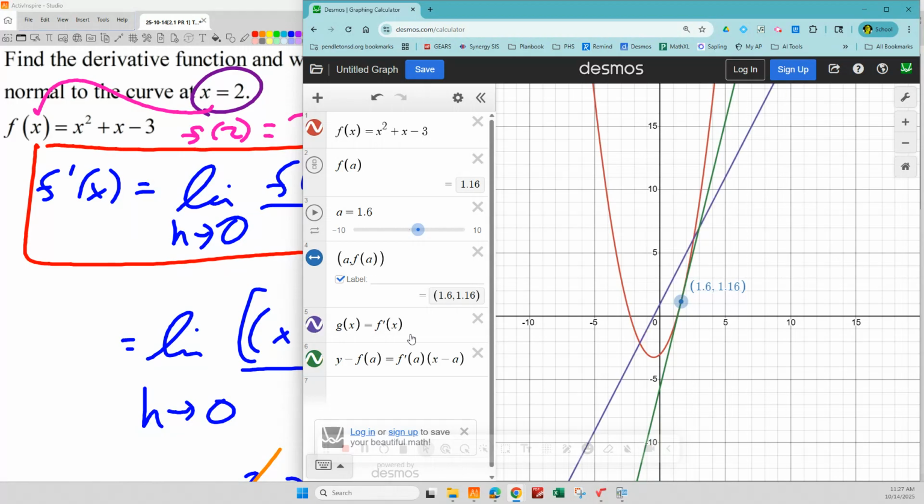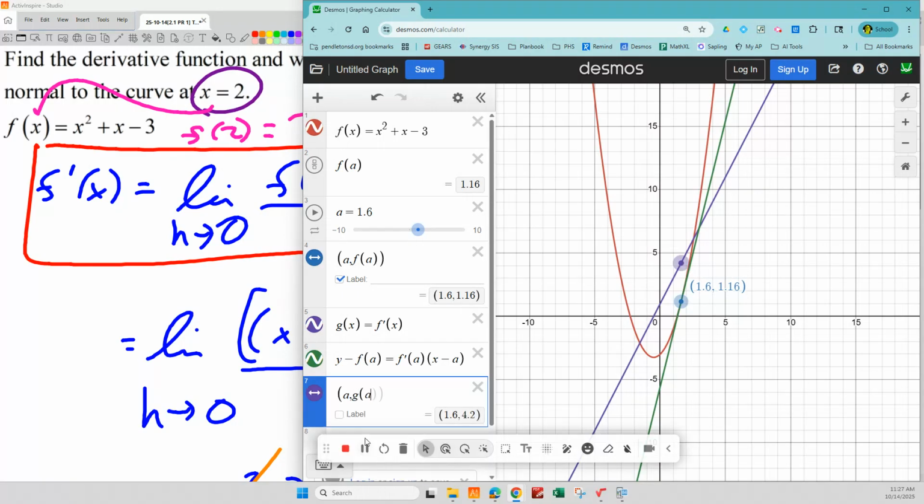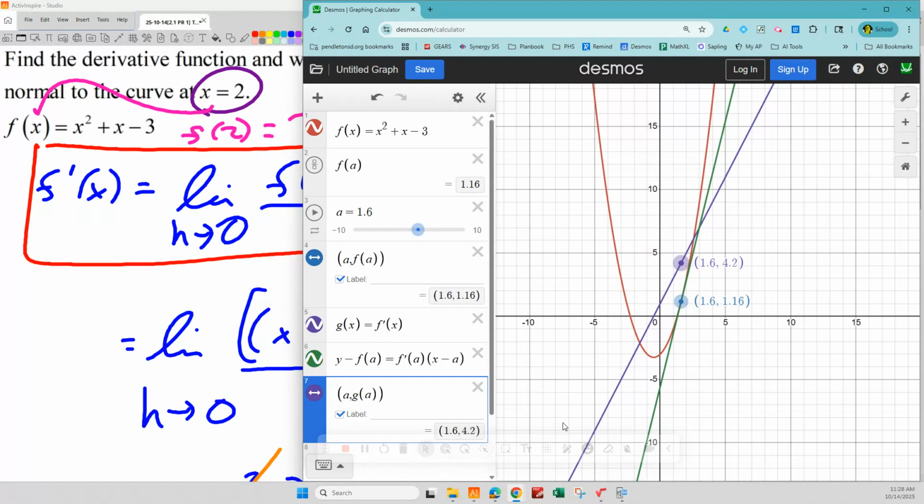Okay, now watch what happens if I graph the function g of x. Okay? Let's also, while we're at it, let's create the point a comma g of a. Okay, so now this is getting kind of messy.